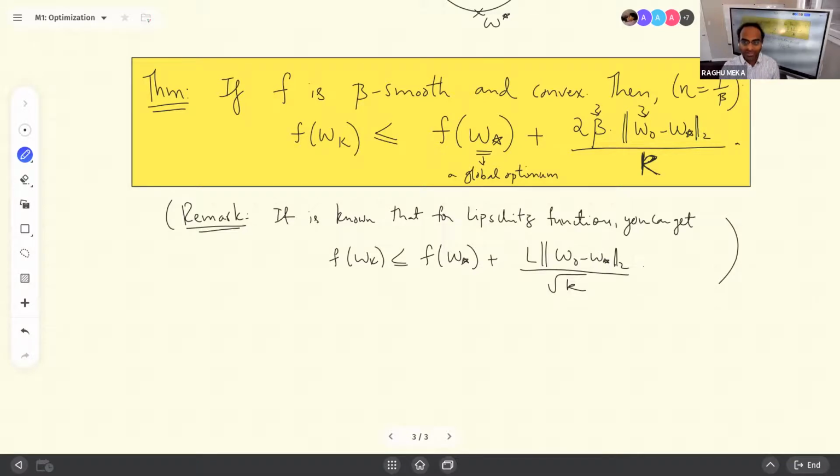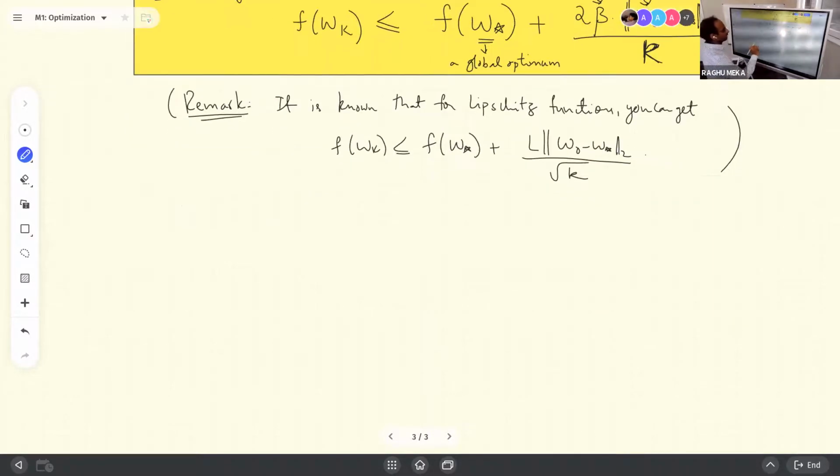But with convexity, we'll see that the distance to the optimum also decreases in a nice quantitative way. And that, along with the fact that convex functions don't have this double dip structure, will tell us that the function converges to the global optimum. Okay?